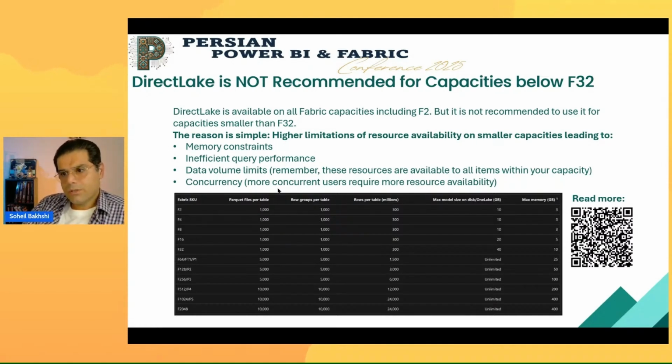The import mode takes a copy of the entire data and puts it into memory, regardless of the end users. If they use it, they use it. If they don't, it is there and it is consuming memory. While DirectLake sort of works on request basis, right?